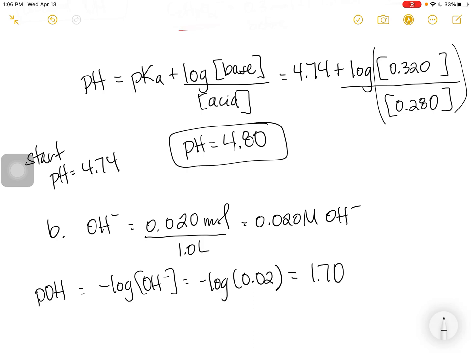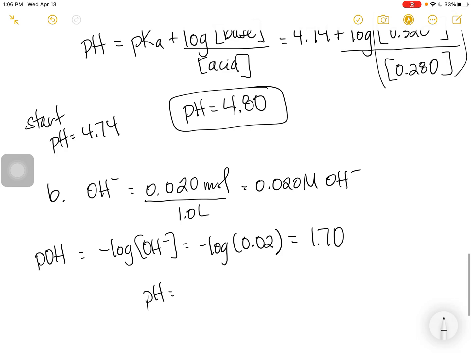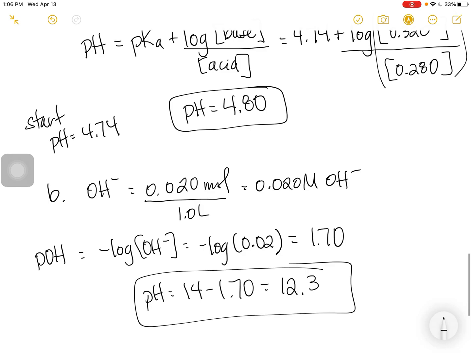So negative log of 0.02 comes out to be 1.7. And then pH, of course, 14 minus 1.7, 12.3. Holy cow.